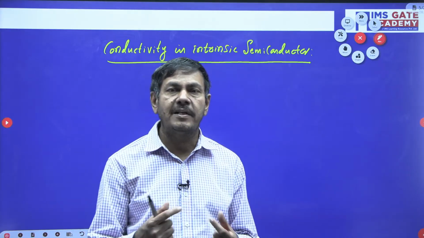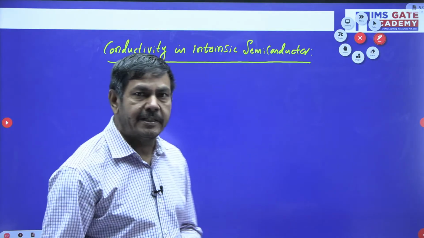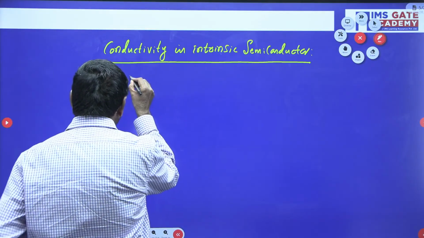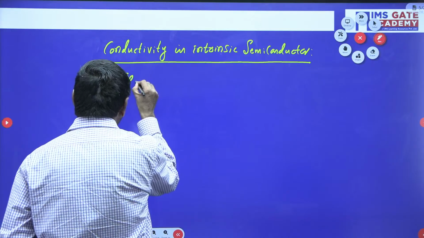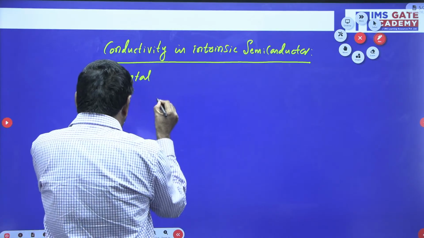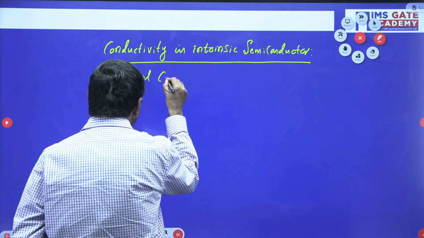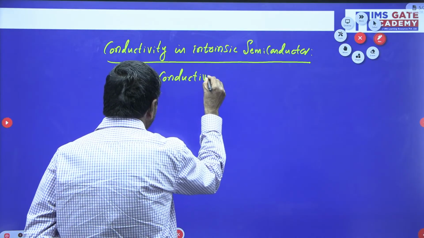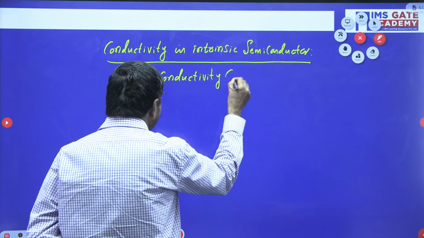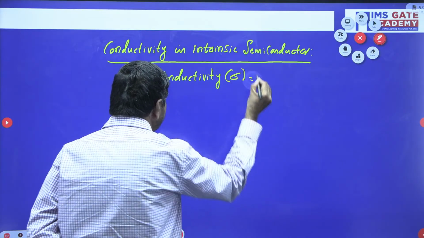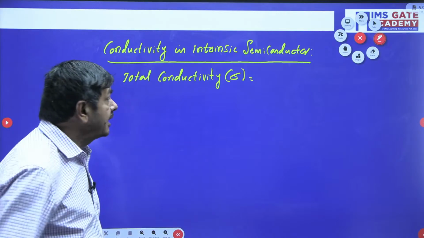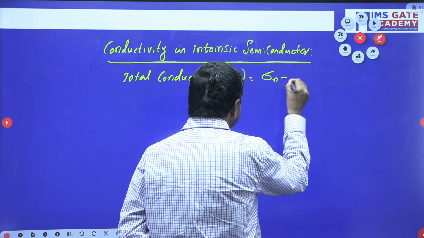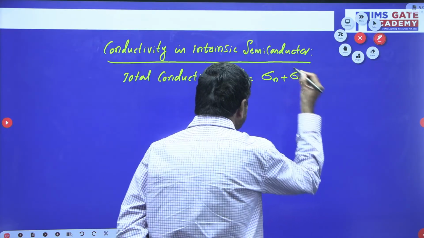Addition of these two will give the total conductivity. The total conductivity is given the symbol sigma, which equals conductivity due to electrons plus conductivity due to holes.